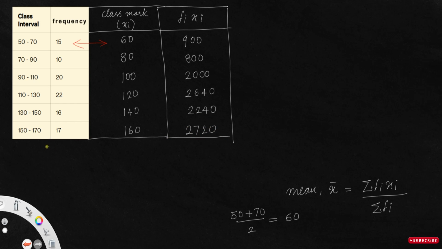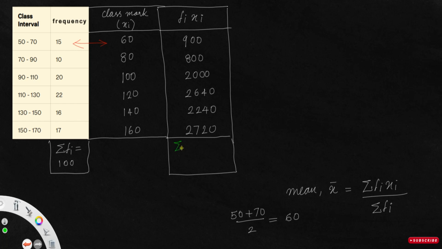Now we have to find sigma fi, the sum of this column. Sigma fi equals, if you add all of these, 15 plus 10 is 25, 25 plus 20 is 45, 45 plus 22 is 67. Now 67 plus 16 plus 17. So 100 is the total frequency. Now we need sigma fi xi also.